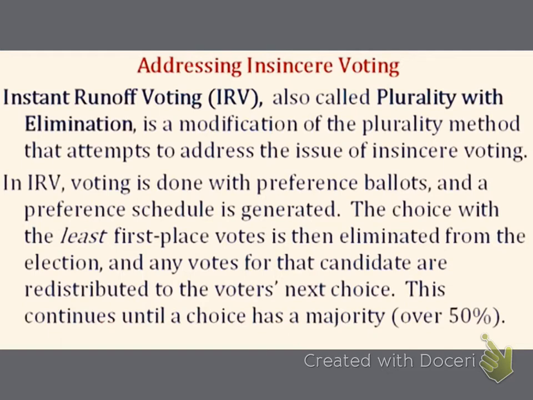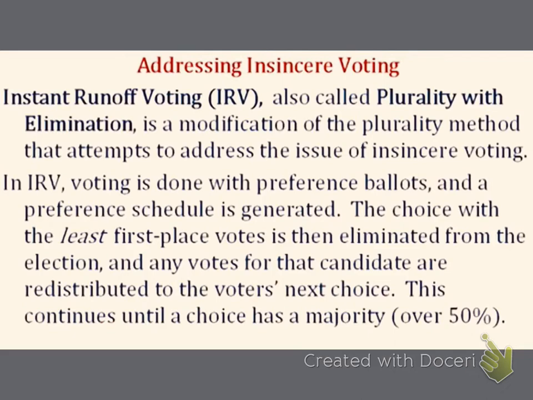In IRV, voting is done with preference ballots, and a preference schedule is generated. So you don't just vote for one person. It's different than a normal election for president. The choice with the least first place votes is eliminated from the election, and any votes for that candidate are redistributed to the voter's next choice. This continues until a choice has a majority, or over 50% of the vote.